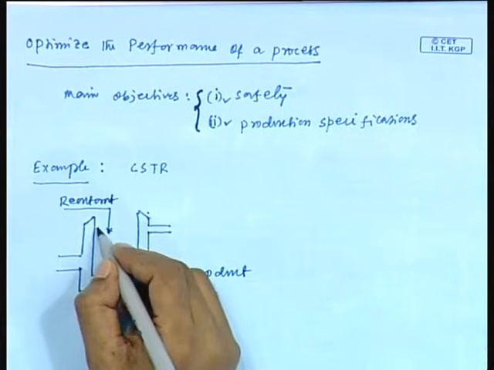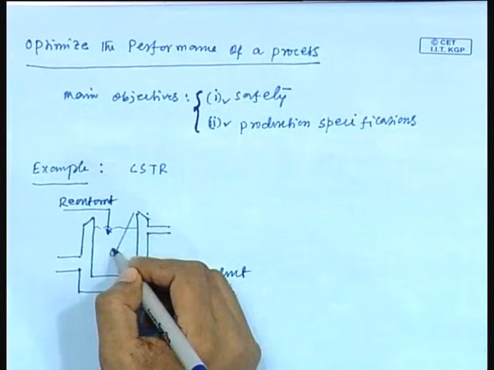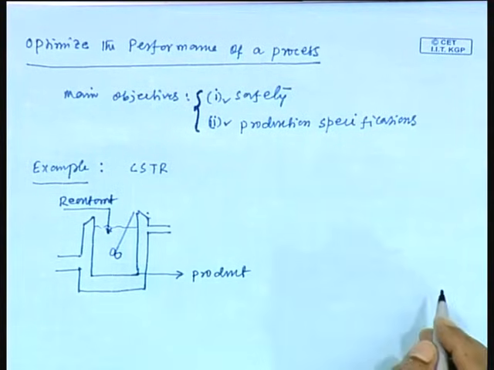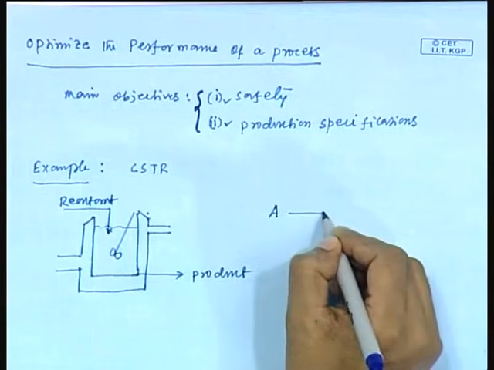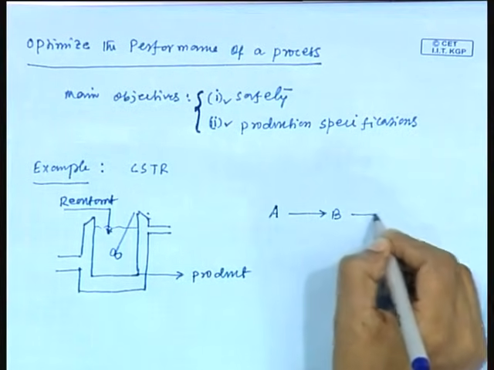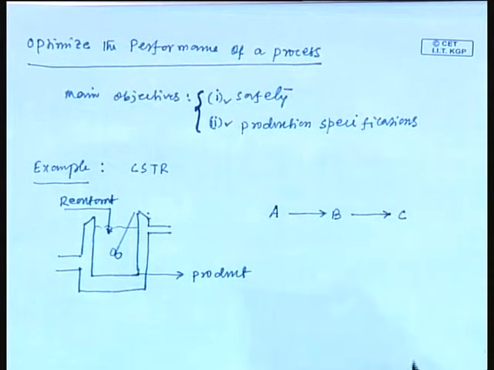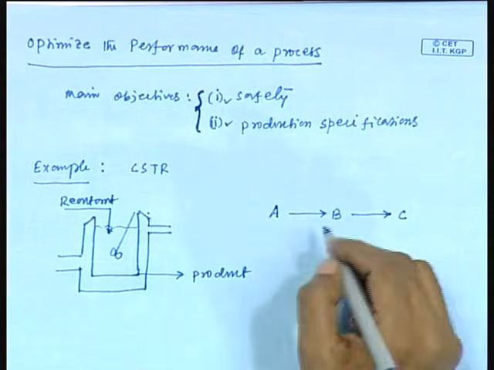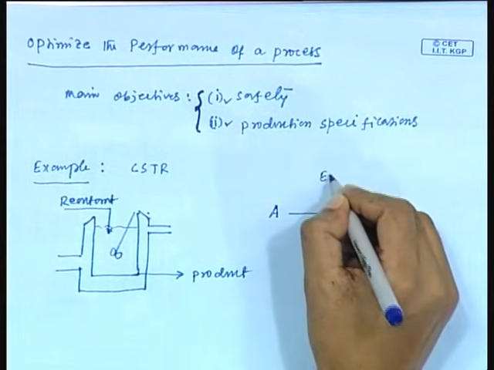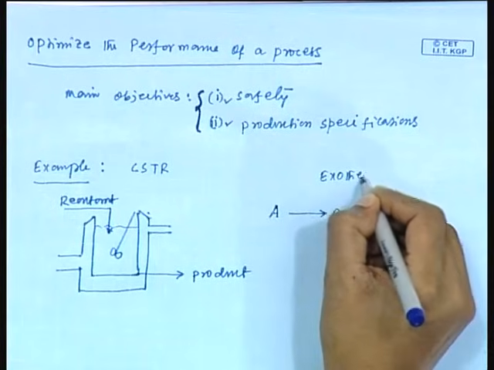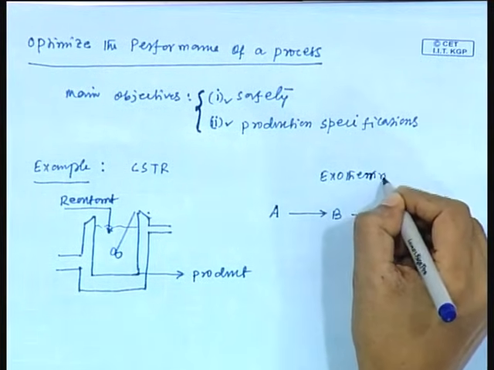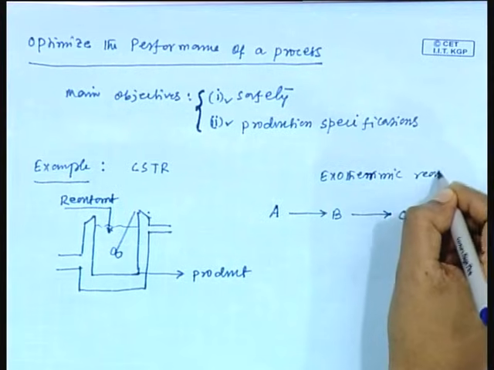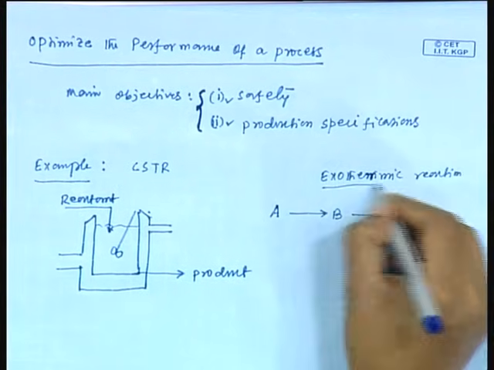In this process, 2 consecutive exothermic reactions, A to B and then B to C, occur.